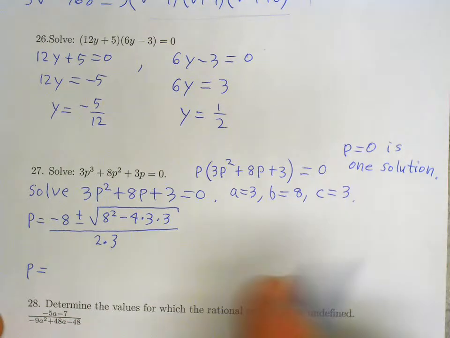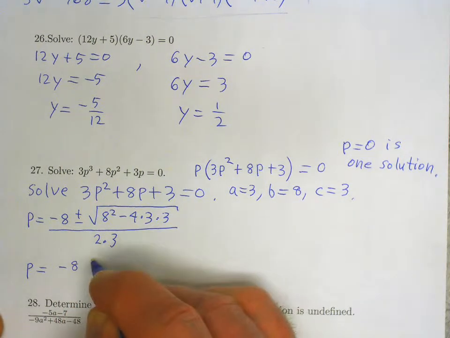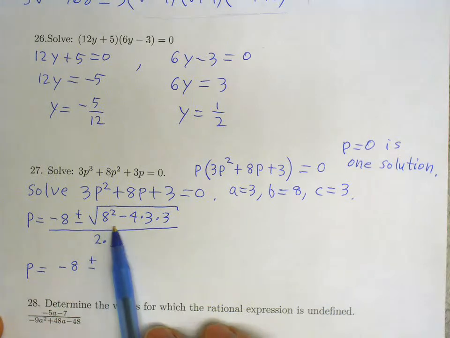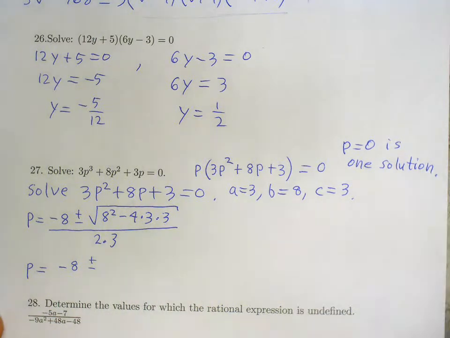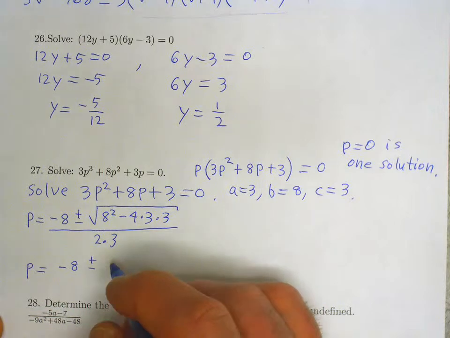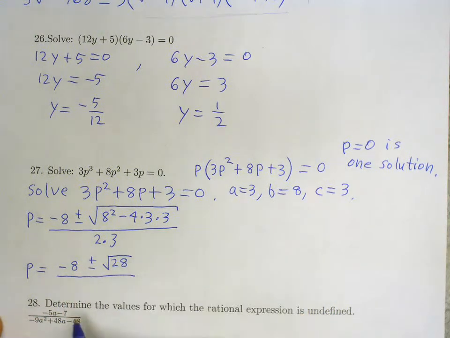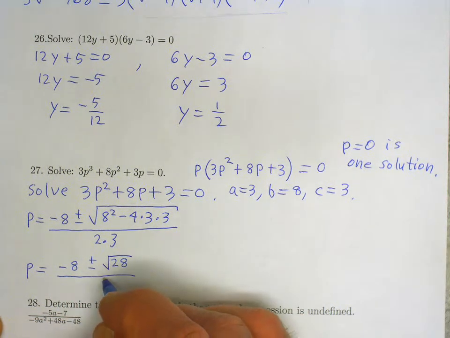Then some arithmetic. P equals negative 8 plus and minus the square root of 64 minus 36. 64 minus 36 is 28. So we have the square root of positive 28, all divided by 2 times 3, or 6.